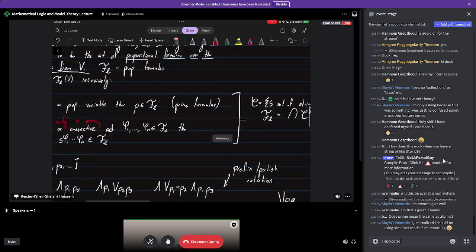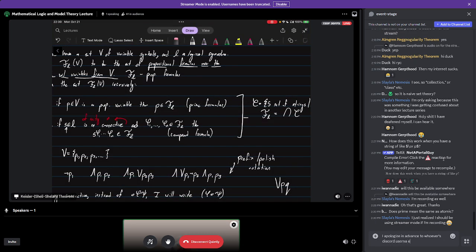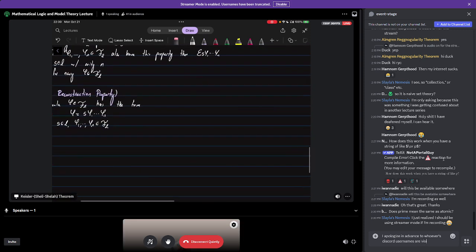Here, these were called prime formulas. These are called compound formulas. So either a formula is compound or it's prime.